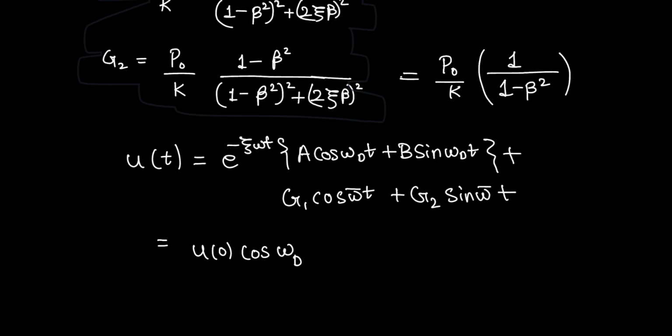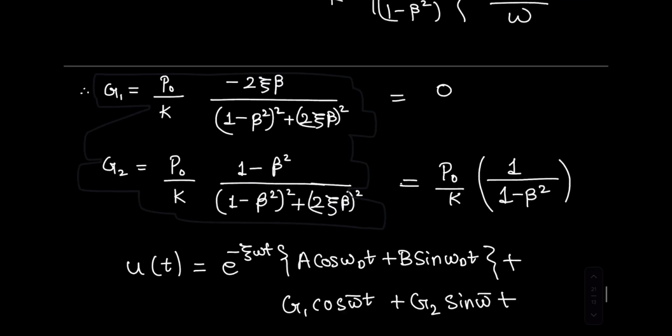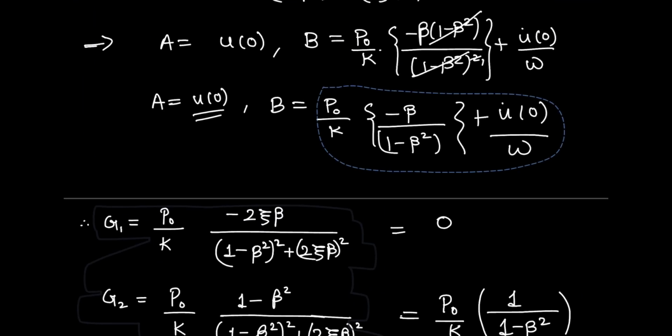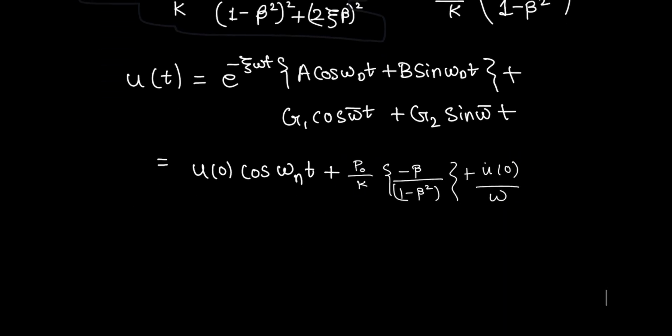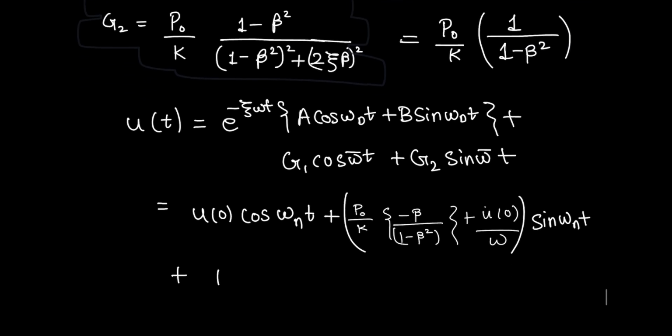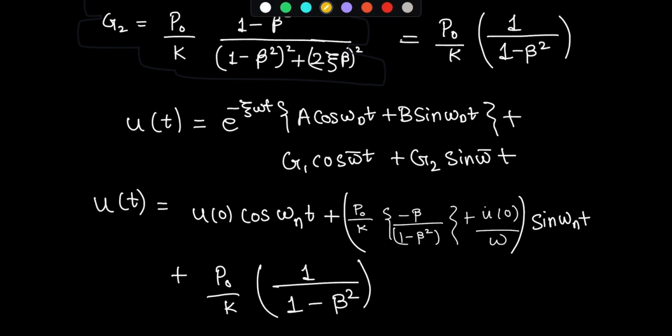We cannot say omega d because in this case it is a forced undamped system, so omega d is equal to omega n, times t, plus b, which we found here, into sine omega n t, plus g1 which is 0 as we found, and g2 which is P naught by k in bracket 1 by 1 minus beta square, which is exactly the equation for the forced undamped system.